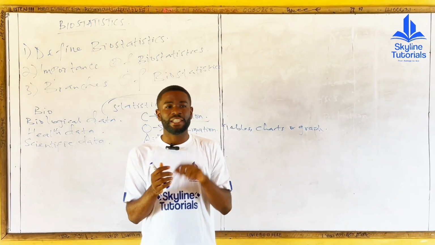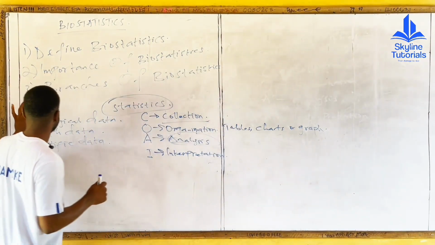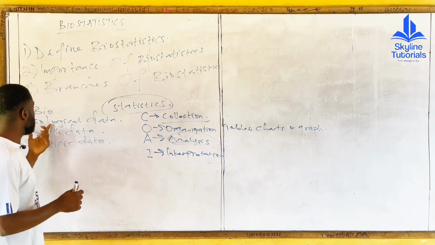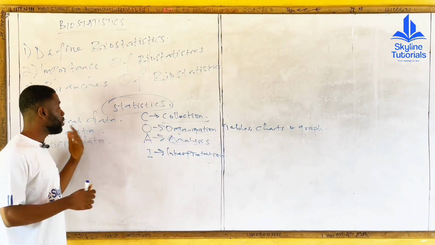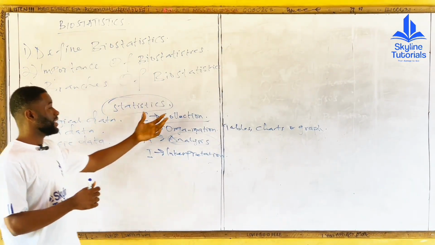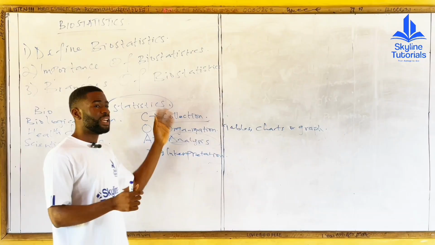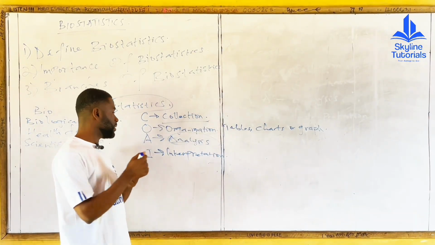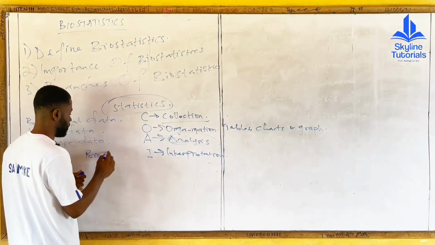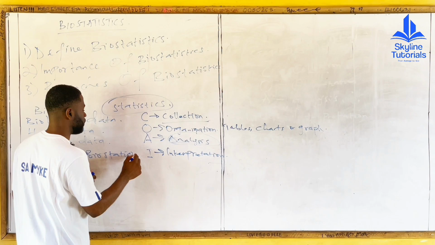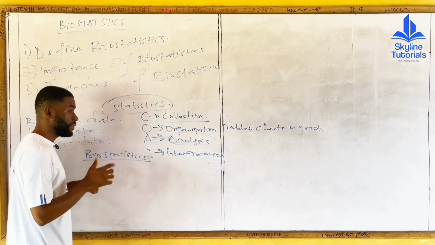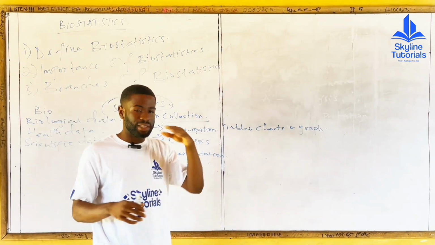But before then, since we have been able to establish the meaning of bio, which means biological data, and statistics, which entails this, let us combine these two words. The combination of bio and statistics gives rise to biostatistics.